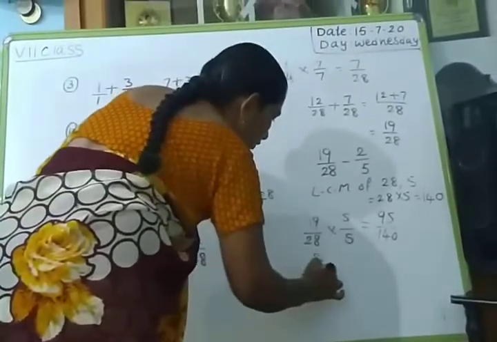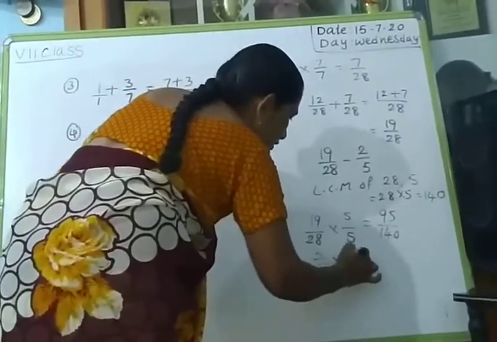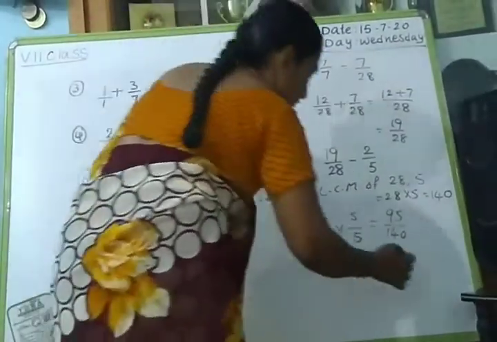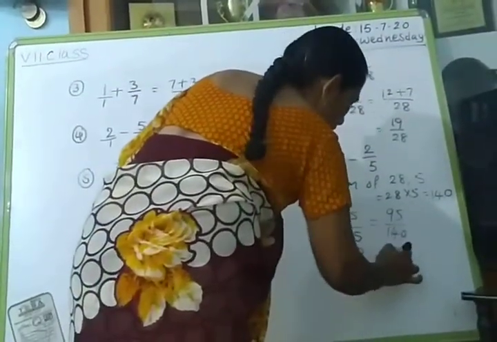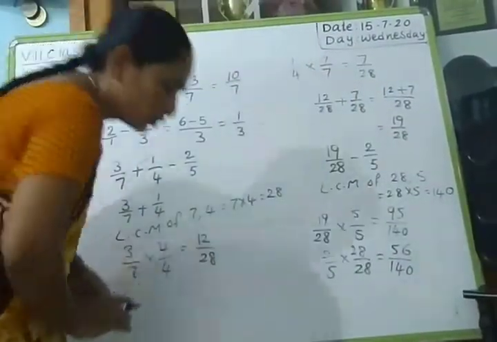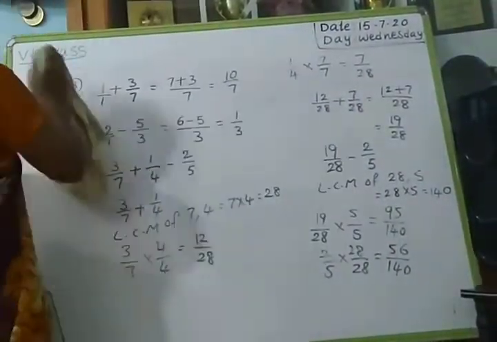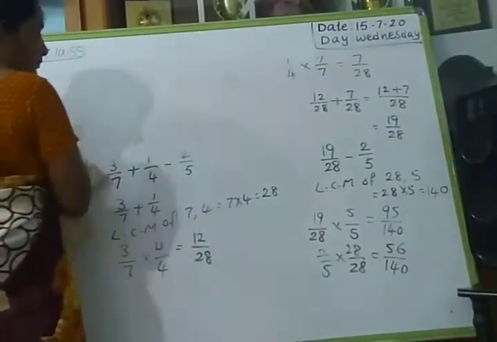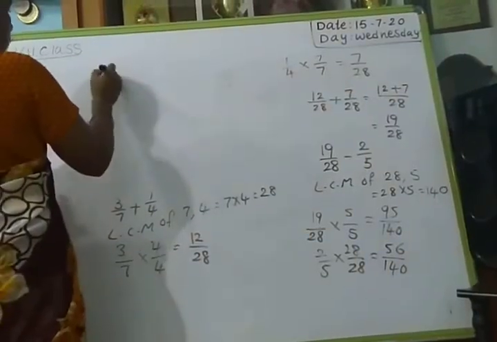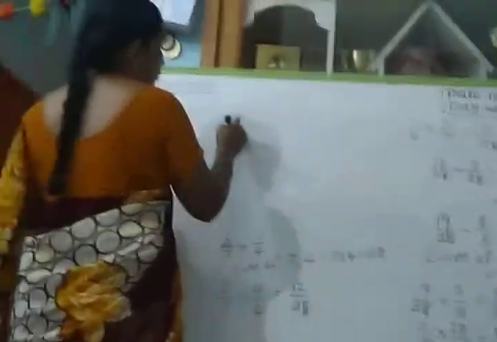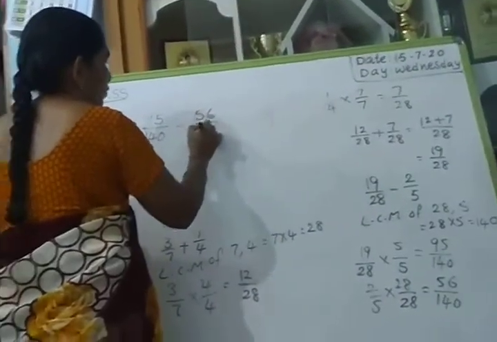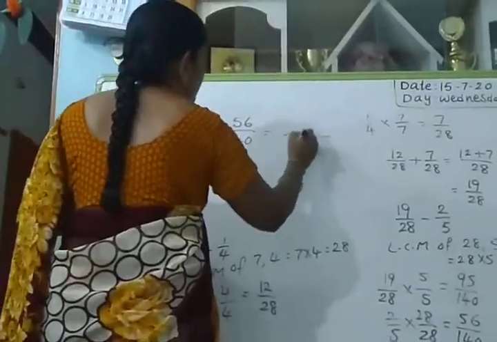Next, 2 by 5, into how many times? 28 times. 28 twos are 56 by 140. So then we have to subtract 95 by 140 minus 56 by 140. So these are like fractions.